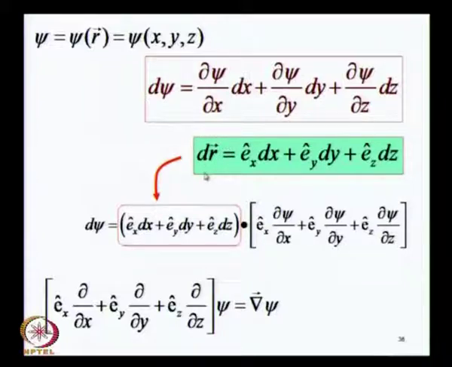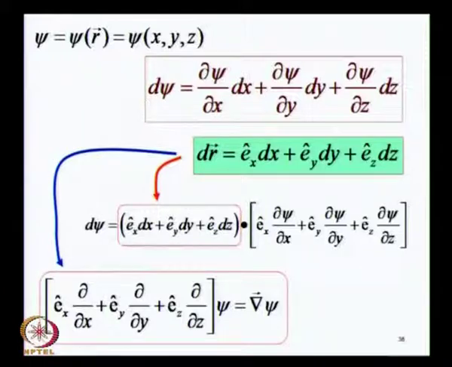So, this is fundamental, how you write dr in a given coordinate system, and we can use dr in any coordinate system and then follow the same trick, because now we have got a technique with us. So, the expression of the displacement vector is fundamental to this process, and this expression gives us the net result that d psi, the differential increment in psi, because of a change in the points under consideration when you go from r to r plus dr through the displacement vector dr, is then given by this scalar product dr dot del psi.